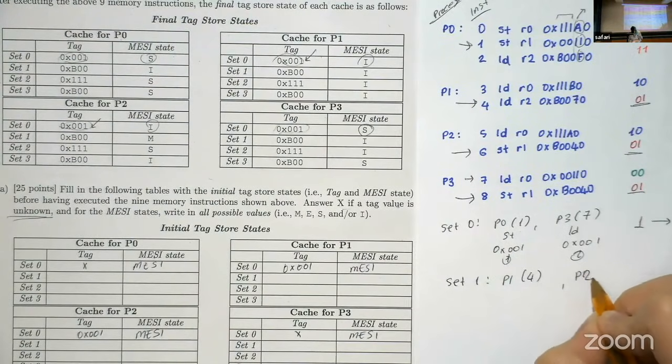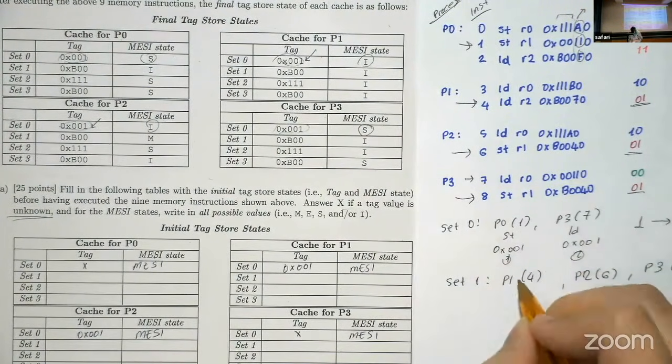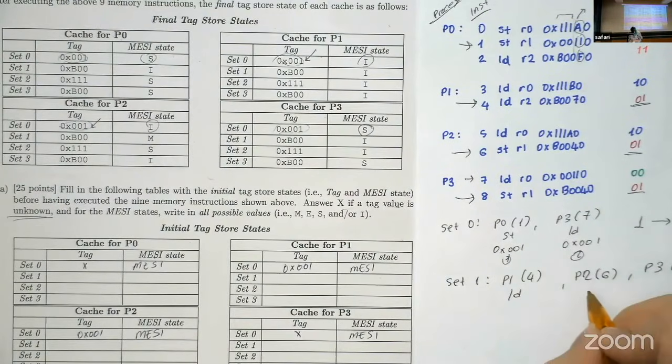From P2, we have the 6th instruction. And from P3, we have instruction 8. When we check what these are, this one is a load, this one is a store, and this one is also a store. And again, the tags are matching, so we don't need to think anything about the tags at this point.